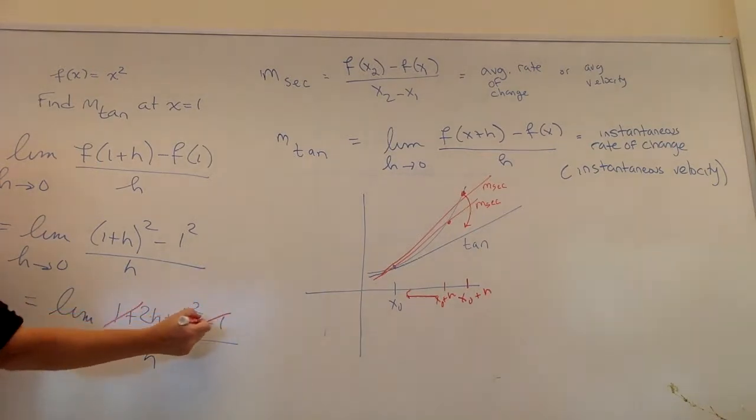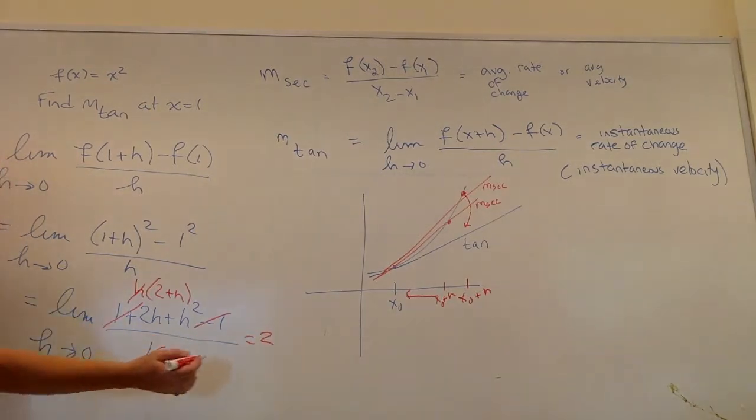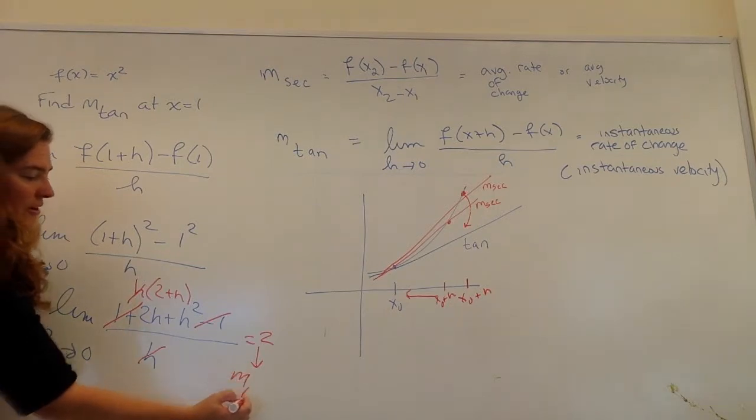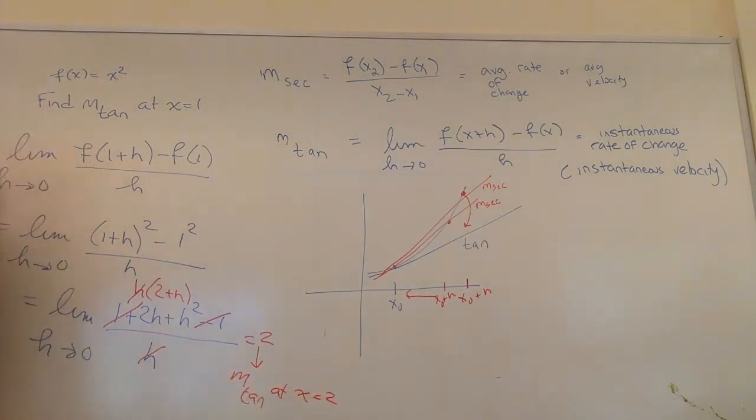The 1's canceled. I factored out an h. I canceled the h's, and the limit was 2, right? So this was the slope of the tangent line at x equals 1.